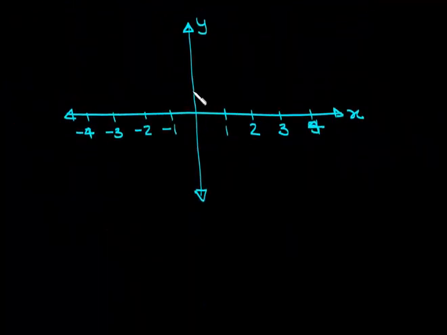So this time I'll scale by 2s just to be different. We have 2, 4, 6, and negative 2, negative 4, negative 6. And that's just a scaling preference if you don't want to put down so many values on the y-axis.